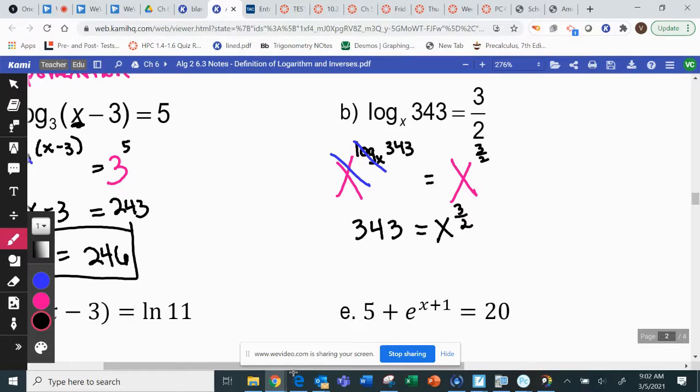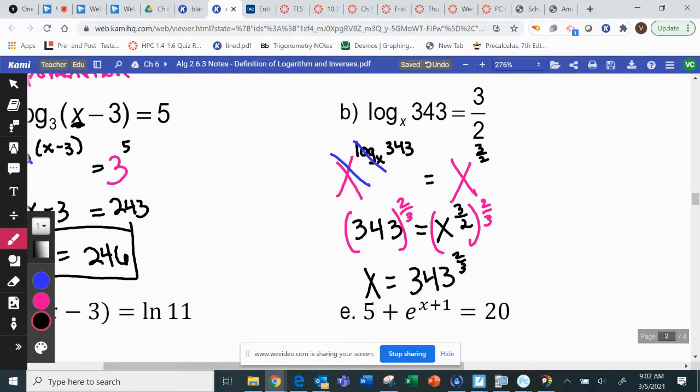Do you remember, Jackson? Yes, but I'm not going to multiply both sides. I'm going to raise both sides to an exponent that is the reciprocal, 2/3. And when I do exponent next to exponent, those multiply. So I get x equals 343 to the 2/3.